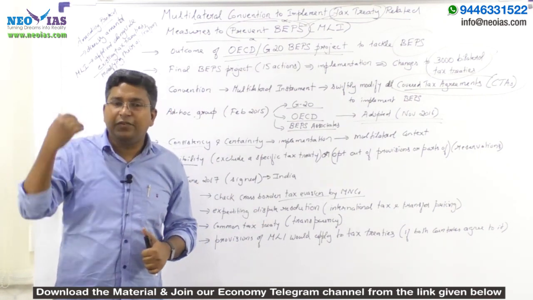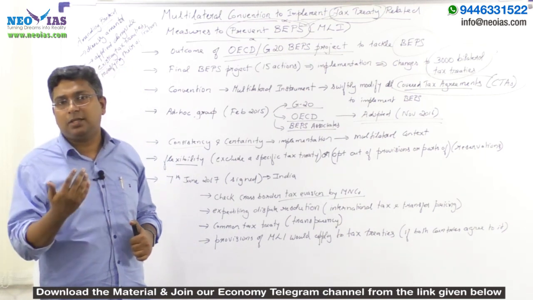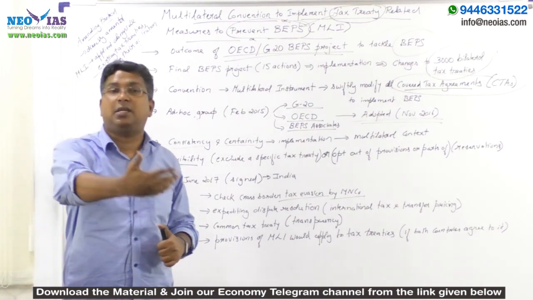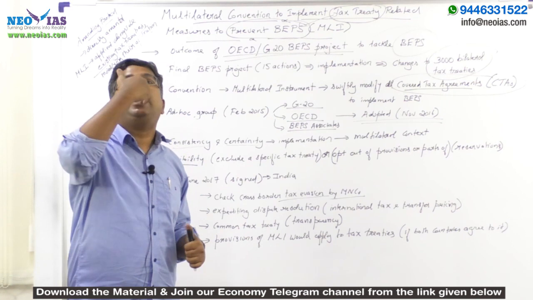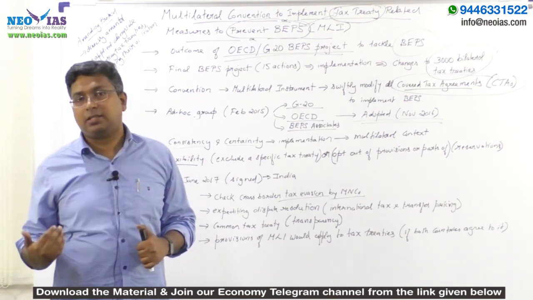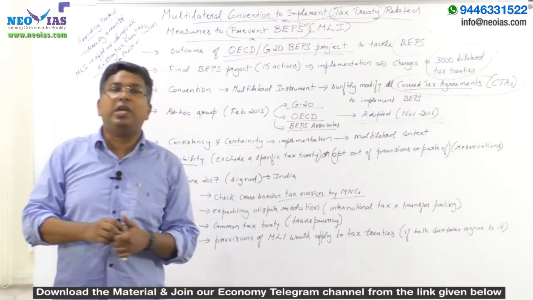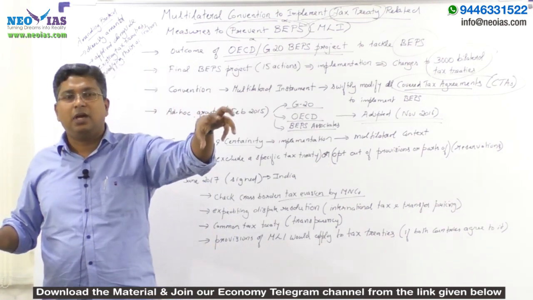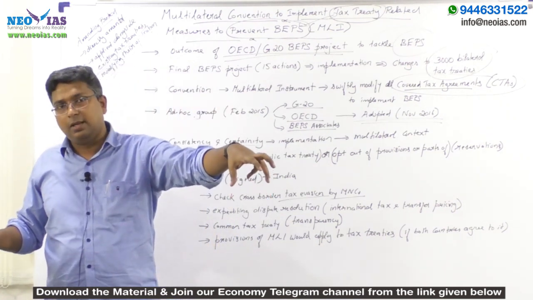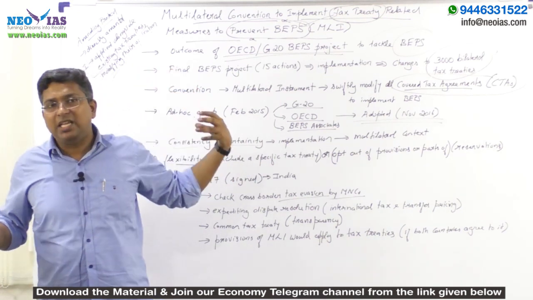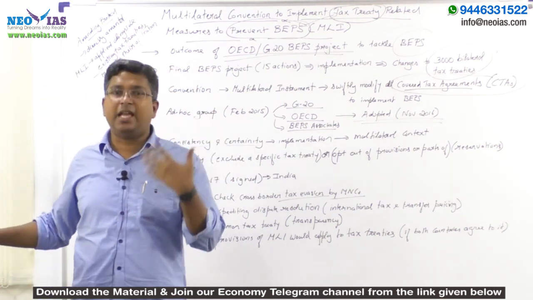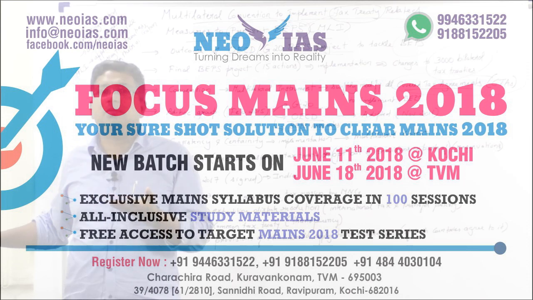So it will be beneficial for foreign portfolio investors who invest in the equity market, as well as foreign private equity investors who invest in the shares of an Indian company, because this common tax treaty provides transparency. So this is another advantage of this treaty.